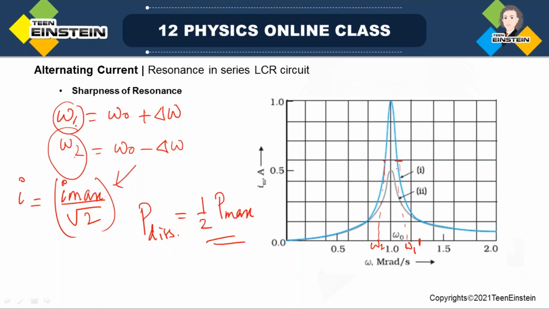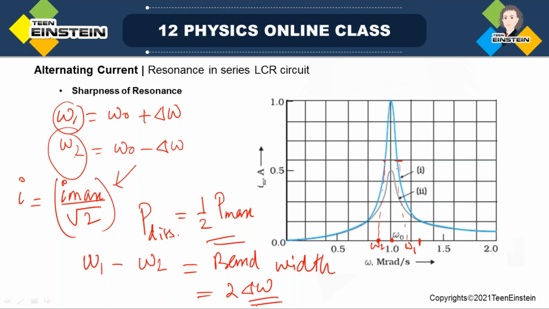So at these places, omega 1 and omega 2, not exactly at the resonance frequency, omega 1 minus omega 2 is called bandwidth, and this is given by 2 delta omega.